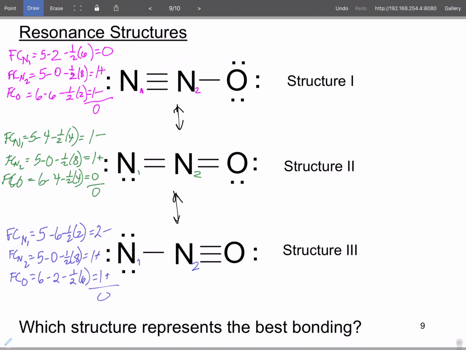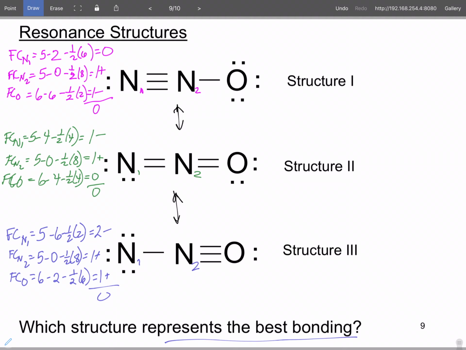Okay, now a couple things to look at. Notice that the central nitrogen never changed in terms of it only had 4 bonds and no lone pairs. So the formal charge for it never changes. So that's one thing to note. So then that asks the question, what represents the best bonding? Well, sometimes the easiest thing to do is throw out something.